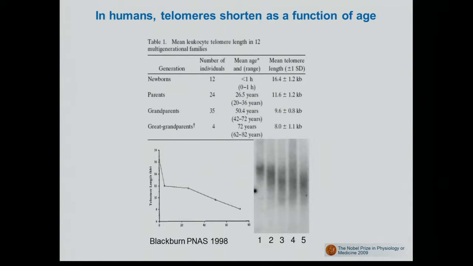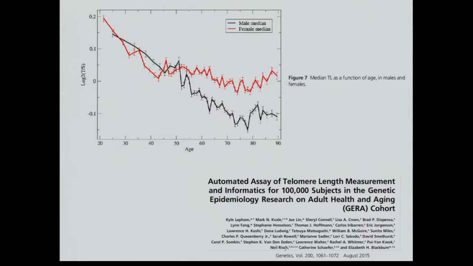So the basis for that is this paper here in 1998, which measured 12 individuals that were newborns, 24 that were their parents, 35 that were grandparents, and 4 that were great-grandparents, and found that there is a correlation between telomere length and age. Okay, so the correlation is there. However, things are not so simple, and the more we know, the less it appears to be that simple paradigm.